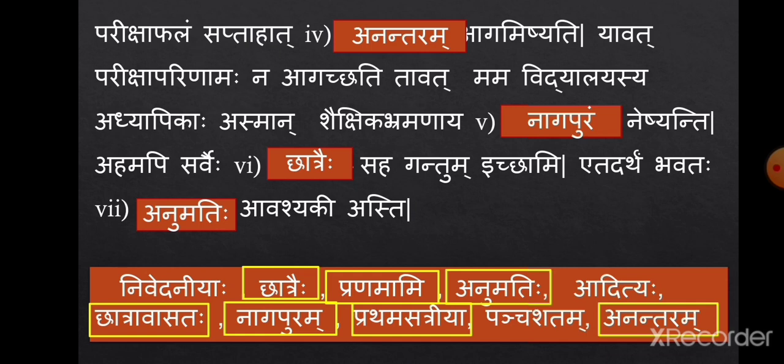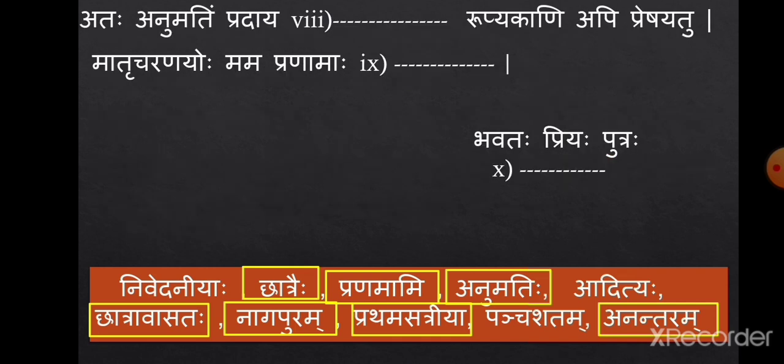Thus, we have got the answers to the next 4 blanks. Let's see the next sentence. Atah anumatim pradaya dash rupyakani api preshayatu. Atah, so, please grant me the permission and also send 500 rupees.